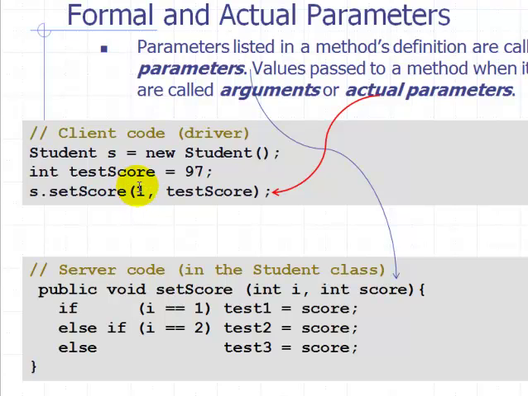In this particular case, we have a concrete value of 1, the hard-coded value of 1, and this one is a variable, but that variable represents the contents that we put in, 97. So what we're actually passing is 1 and 97. We can do that, once again, with the actual number or the variable representing the memory space that contains that number. These are the actual parameters that we're using.